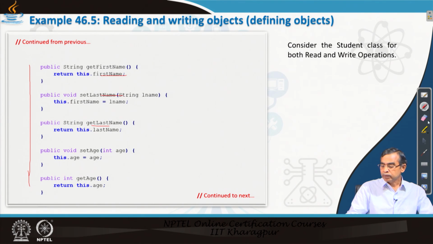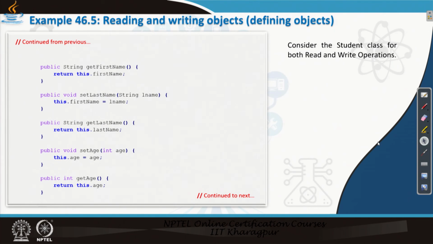Now, we want to create some objects of this class and store them into a file, that means writing objects, and later read the objects from the file. You can create a number of objects to be stored, but in this example I will consider only one object. Later you can extend this program to use multiple objects.